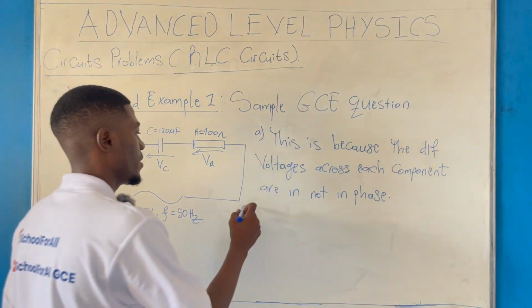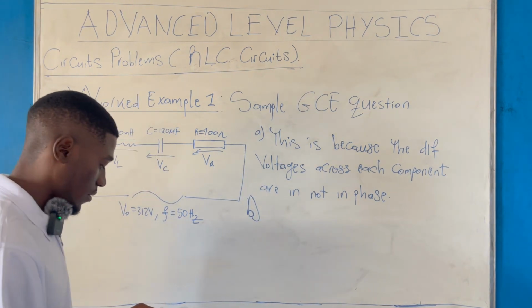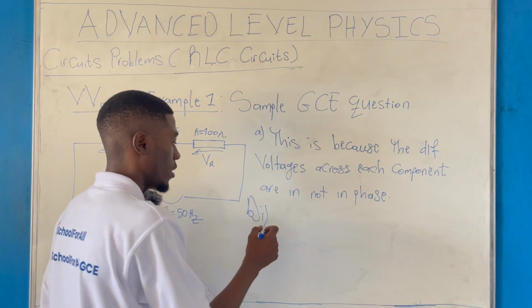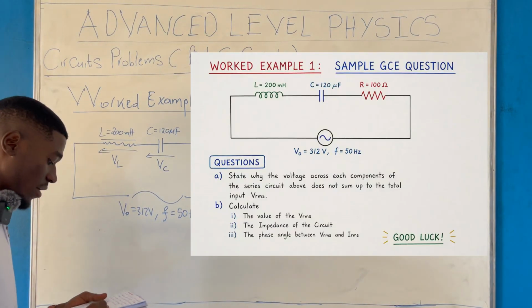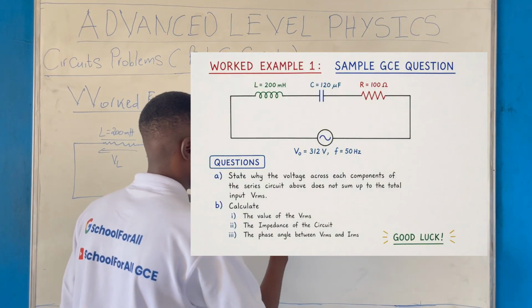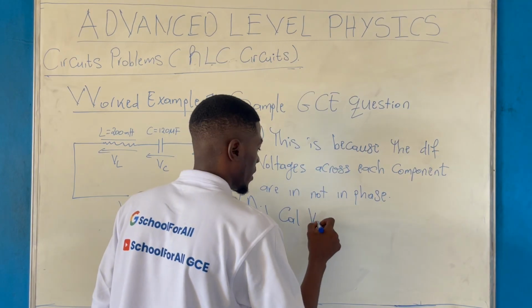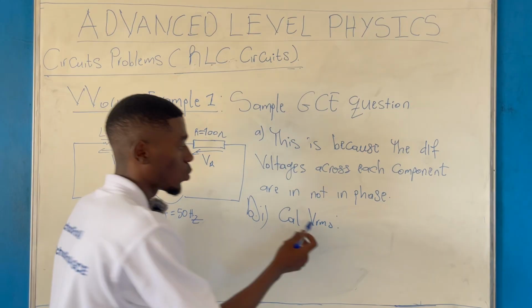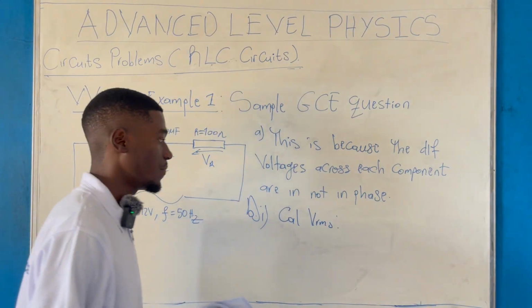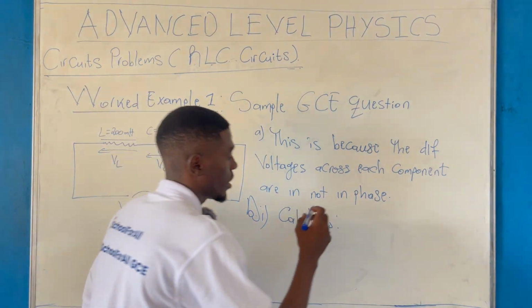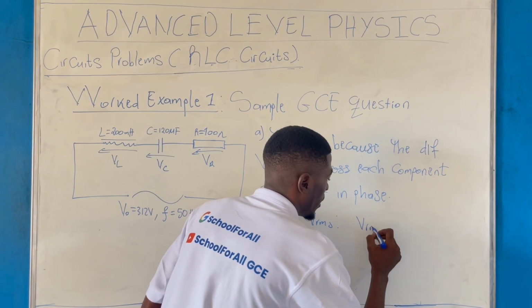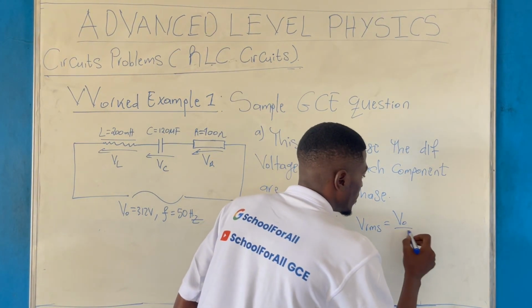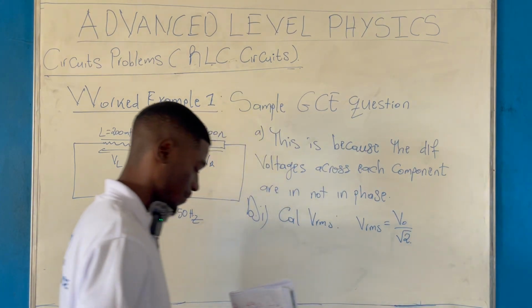Let us proceed with the B part. In the B part, you are asked to calculate, Roman 1, the value of voltage VRMS, the root mean square value. As I was saying in the record, VRMS is equal to the peak value V0 or Vmax divided by square root of 2.